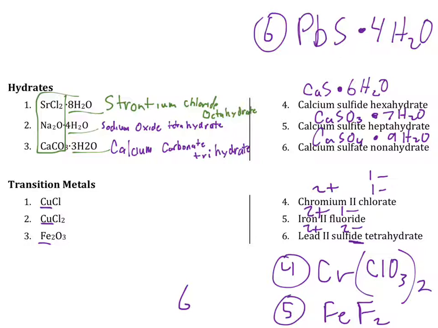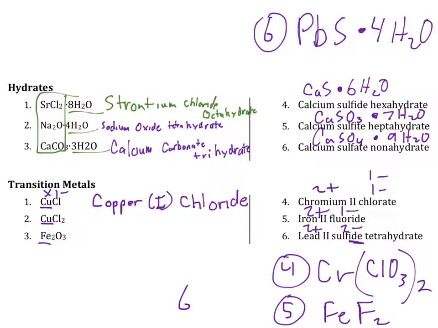Chlorine is a 1-, so what must the copper be to balance that 1-? Well, the copper here must be a 1+. But we can't just say copper, we have to say copper 1. So we do a Roman numeral in parentheses there. You don't have to do the parentheses, but you will see it with that. So it's copper 1 chloride.